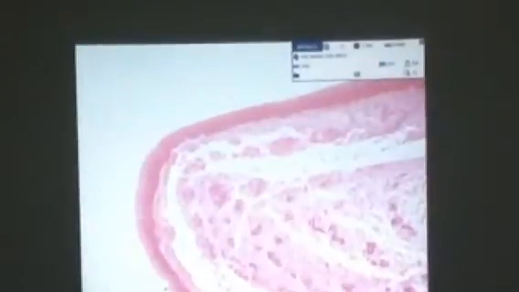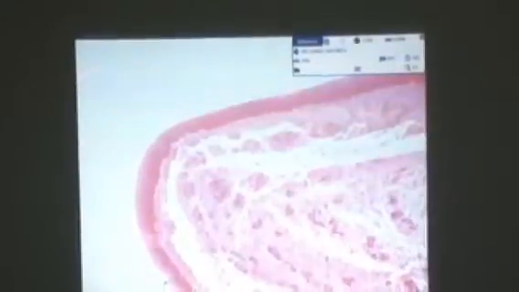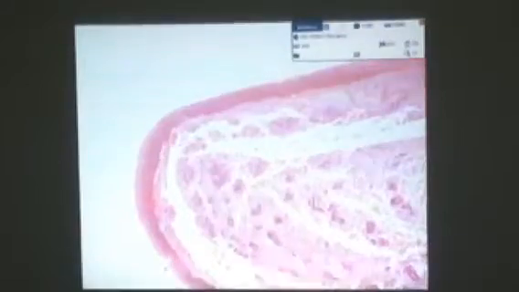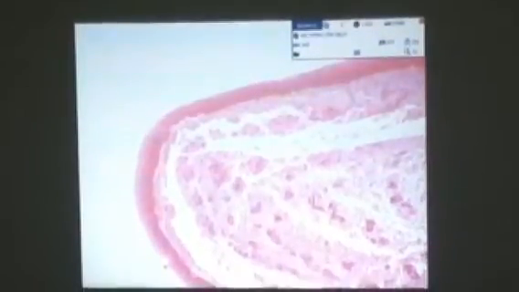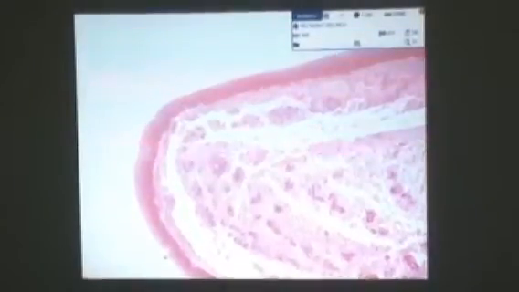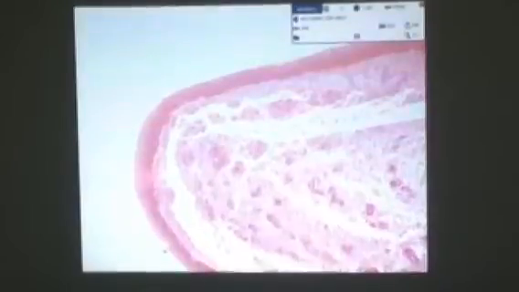Now, actually, from the nose to the smallest airways, the terminal bronchioles, the respiratory tract is lined by pseudostratified ciliated columnar epithelium. Only the true vocal cords are covered by the stratified squamous epithelium.